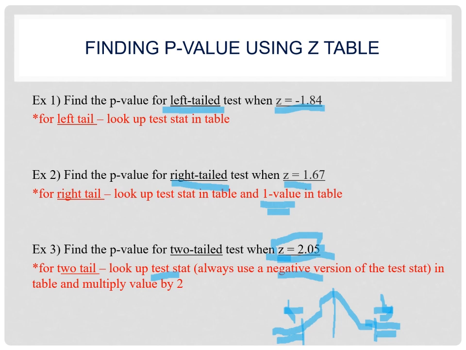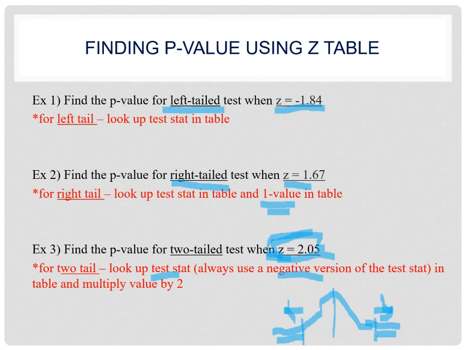So you're going to get the same amount of area under the curve from the same value on the left and the right, one being positive, one being negative. And you can verify that if you do a quick look. If you look up 2.05 and then 1 minus, and then negative 2.05, you're going to find the same information. So the fastest way to do a two-tail p-value search is to look up the test stat. Always just use the negative version, even if it comes out positive like this one here did.